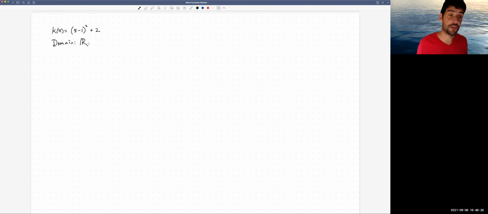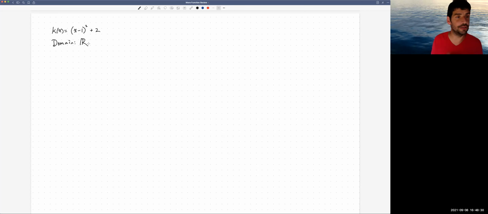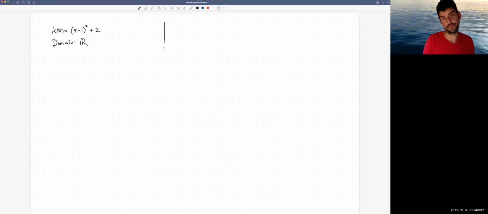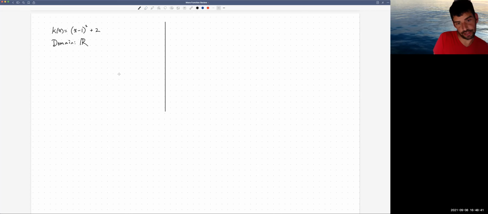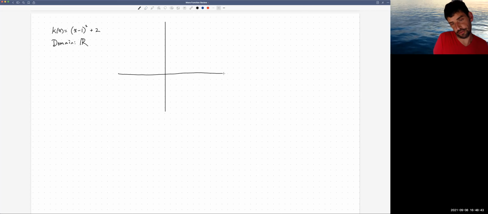But what about what comes out of it? This is a lot more complicated than the last one. I don't know the algebra I need to do to figure out what this does, but I am familiar with the graph of this function. Right? And maybe you remember these, maybe you don't, maybe you need a little more review.